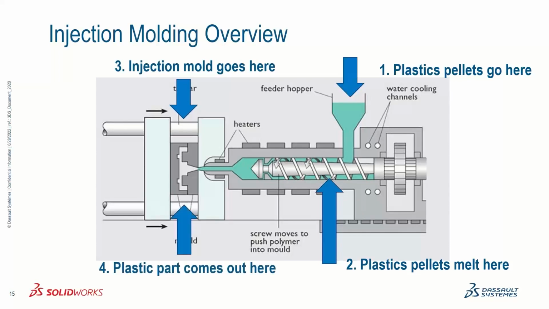And coolant is circulated through the mold to quickly extract the heat from the plastic, allowing the plastic to rapidly cool. And once it is mechanically stiff enough to be ejected, it's ejected from the mold.